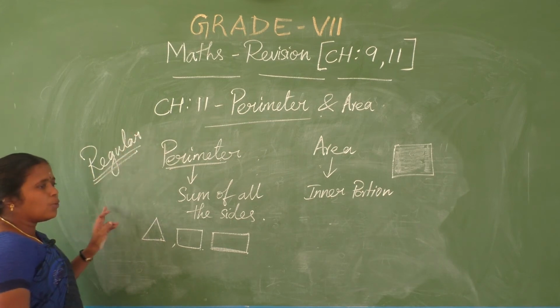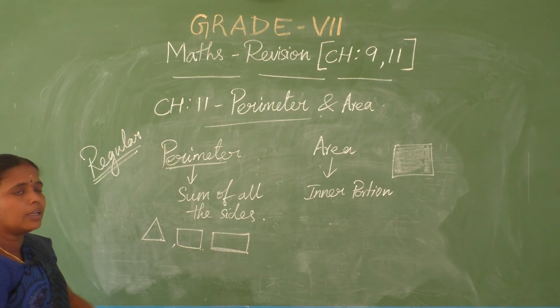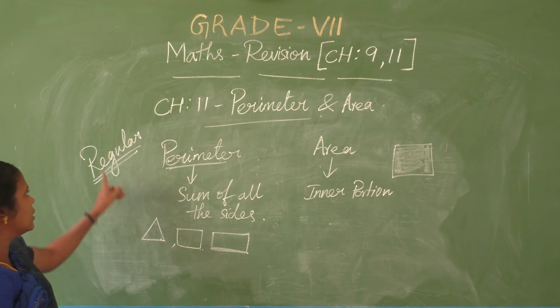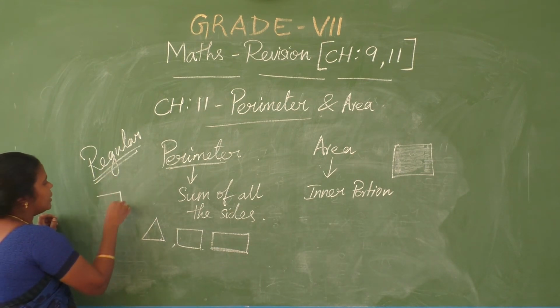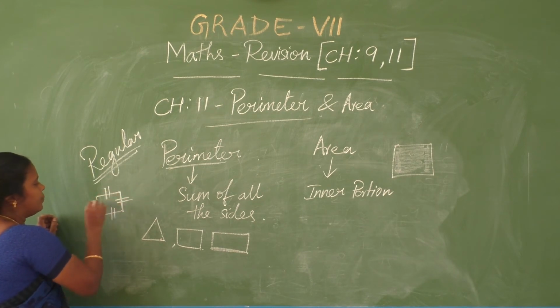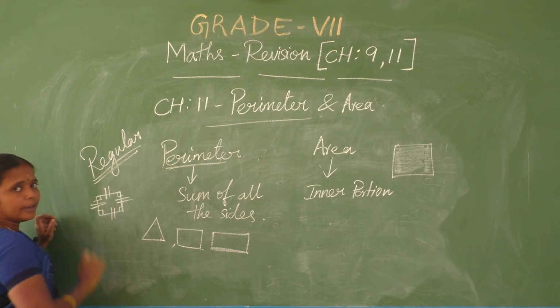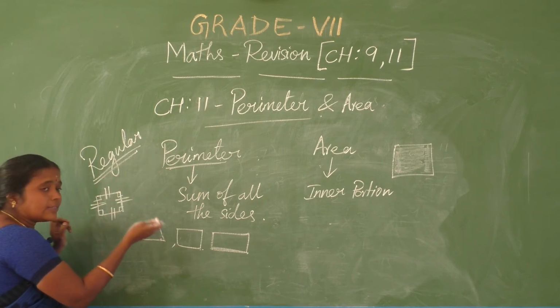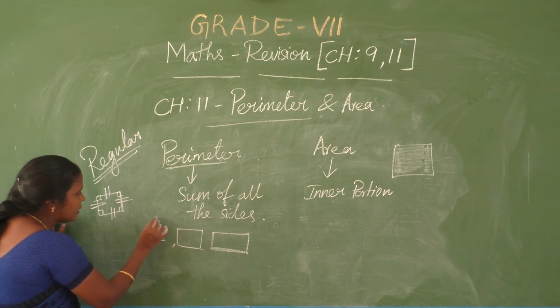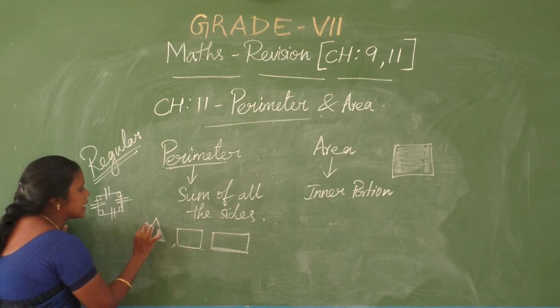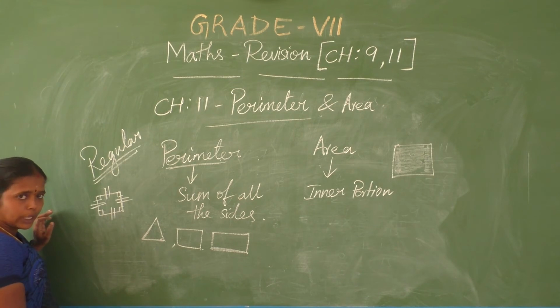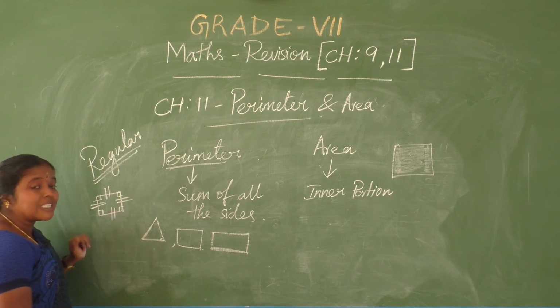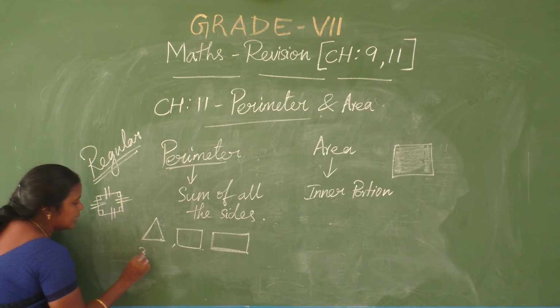A figure which has all the sides equal as well as all the angles equal is called regular. In this category, a 3-sided polygon is the equilateral triangle only, which has all the sides equal and all the angles also equal. At that time, how to find its perimeter? 3 into side.